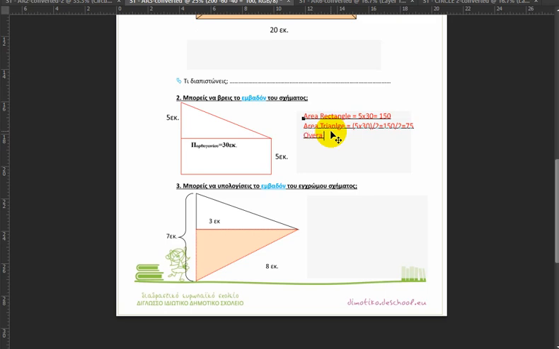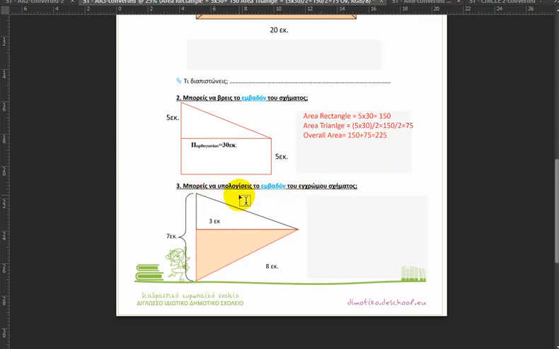Overall area, meaning the area of both, oh wait, just a second. Yeah, sorry, this is supposed to have 2 L's. The overall area is going to be the sum of the area of the rectangle and the triangle. So 150 plus 75 is going to give me 225.